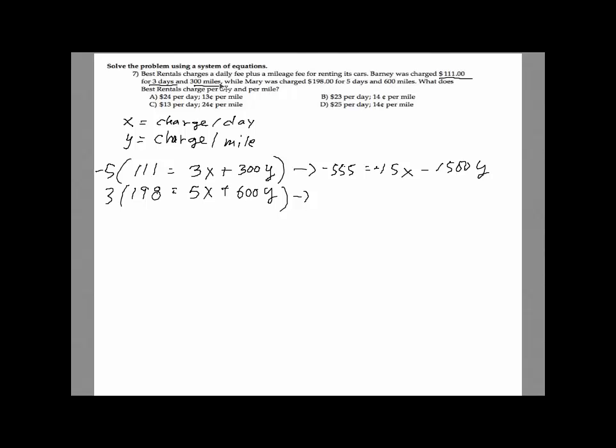Then 3 times 198 gives 594 equals 15x plus 1800y. So 594 minus 555 will be 39 equals 300y.